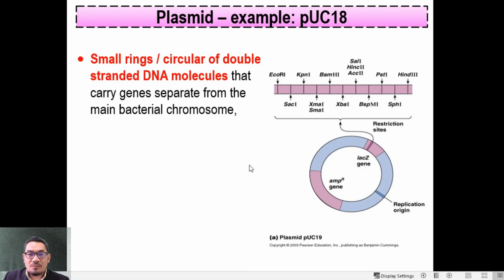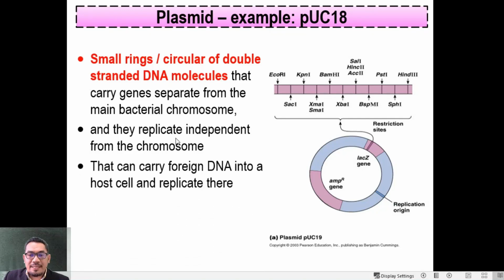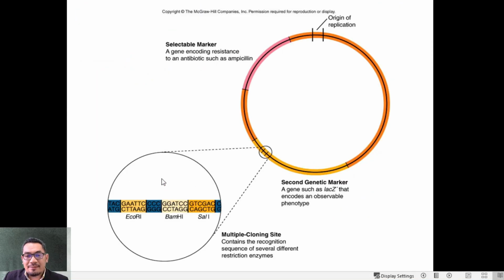Next, what is plasmid? Plasmid is a small ring or circular double-stranded DNA molecule that carries genes separate from the main bacterial chromosome, and they replicate independently from the chromosome, carrying foreign DNA into a host cell and replicating there.